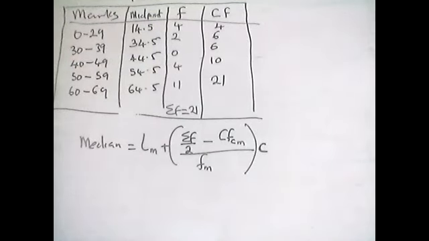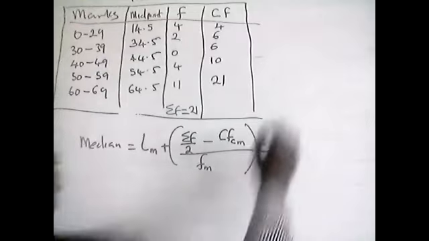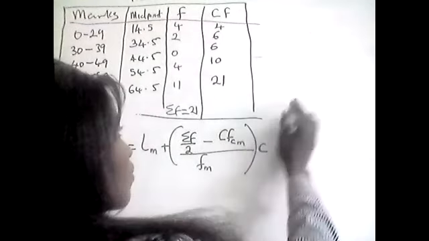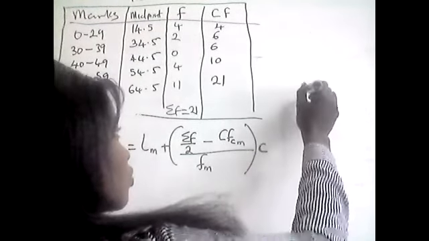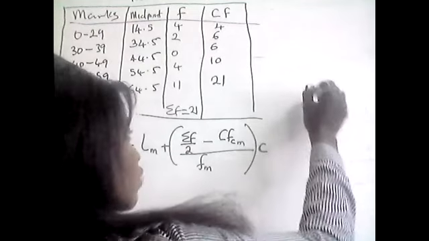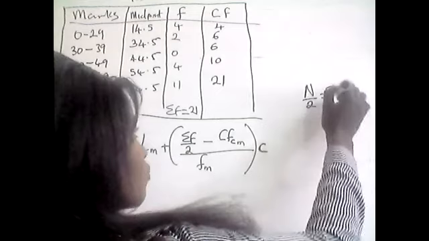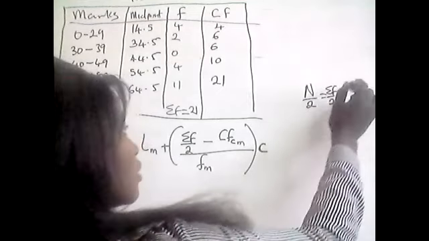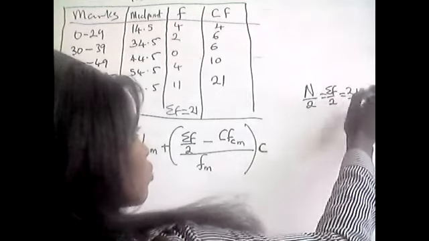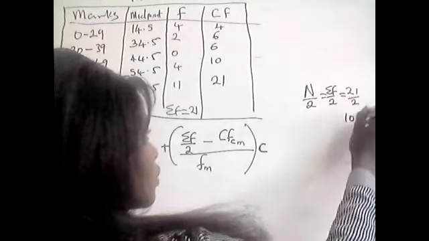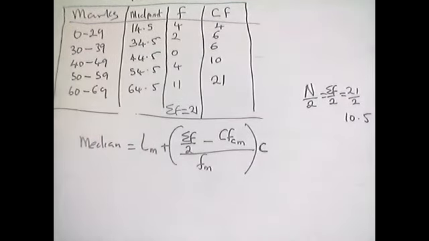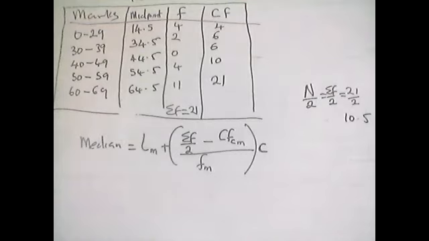So let's start with LM. To find LM, it's very important first of all to find N over 2, which is summation F over 2. Our summation is 21 over 2, which is 10.5.